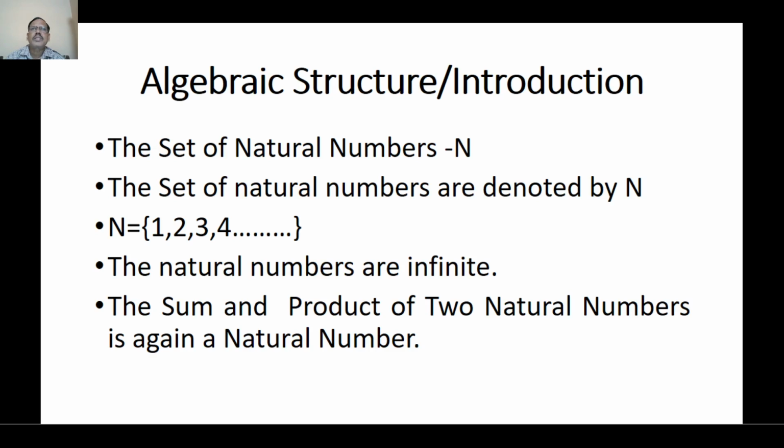So 2 plus 3 is 5, a natural number, and 3 plus 6 is 9, also a natural number. If you take the product, 10 into 3 is 30, also a natural number, and 5 into 10 is 50, also a natural number. So we can say the set of all natural numbers is an algebraic structure with addition as well as multiplication.